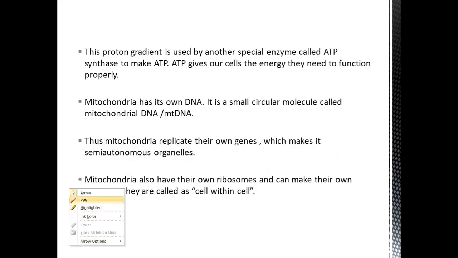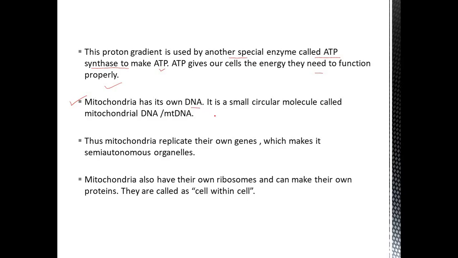Now this proton gradient is used by another special enzyme called ATP synthase to make ATP. The enzyme ATP synthase is responsible for generation of ATP in mitochondria. ATP gives our cell the energy it needs to function properly. This is the reason mitochondria is called the power plant or powerhouse of the cell.